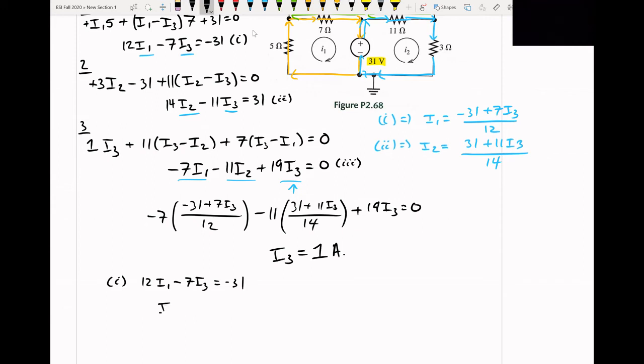So I1 is equal to negative 31 plus 7 times 1 amp over 12, which gives us negative 24 over 12. Therefore, I1 is equal to negative 2.